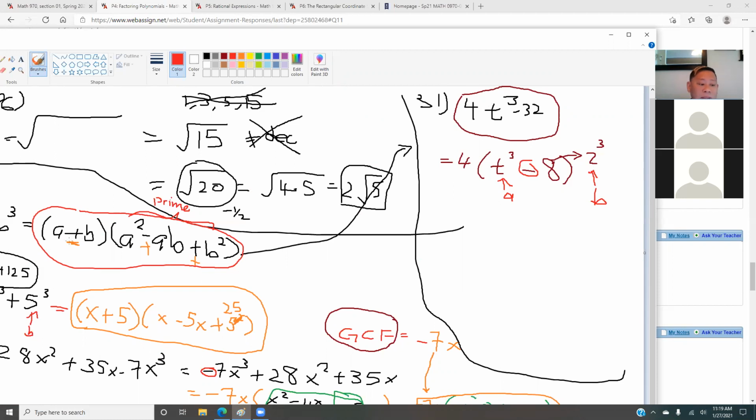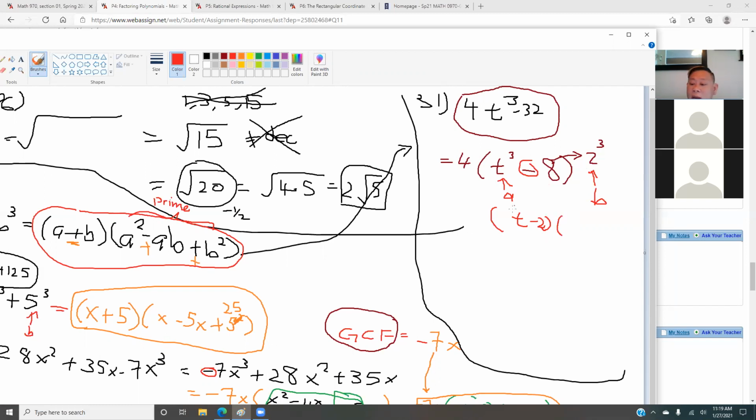So you have to use the orange side, okay? So this factor will become t minus 2, because A in this case is t and B is 2.